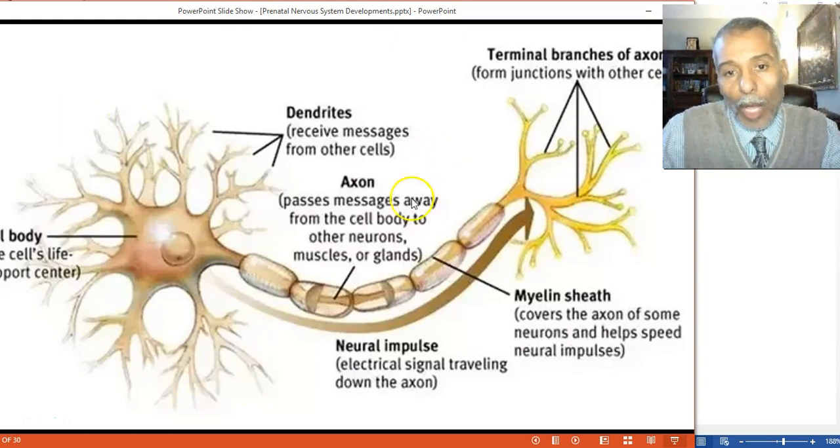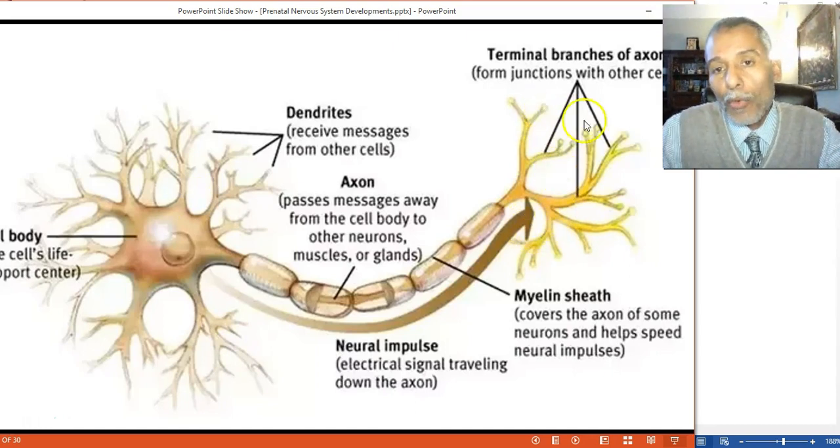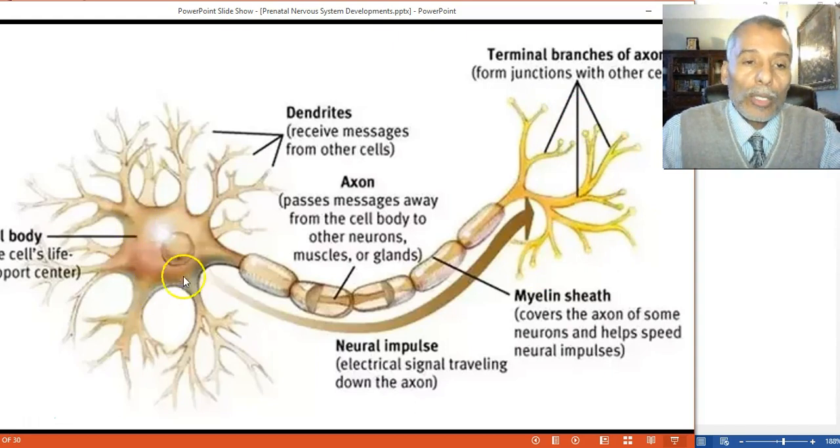A neuron receives signals through dendrites, and it sends signals to other neurons through its axon terminals. So here's the cell body and the dendrites. They receive signals from the axon terminals of other neurons.